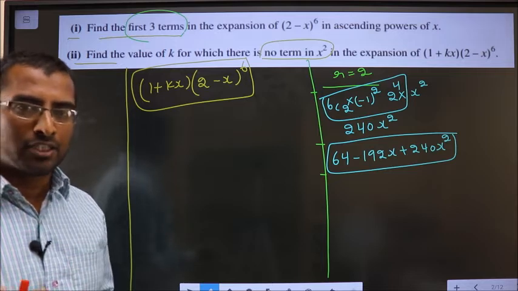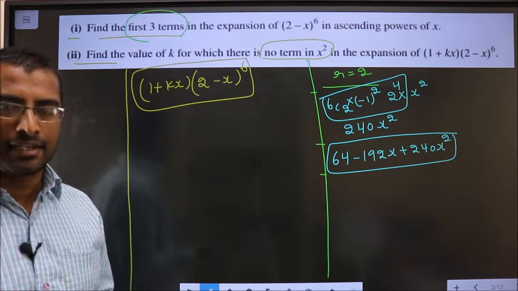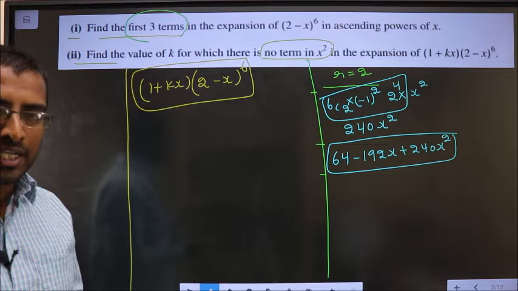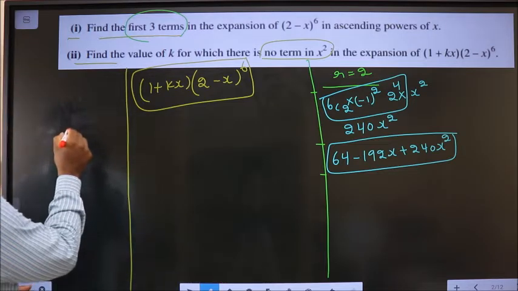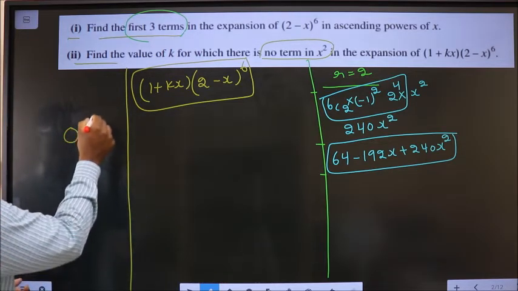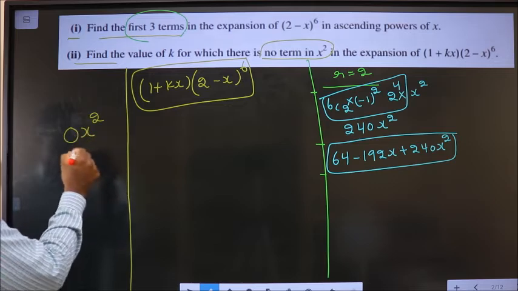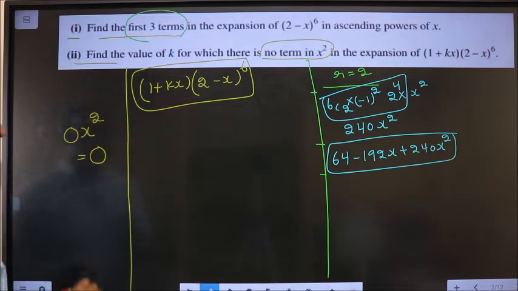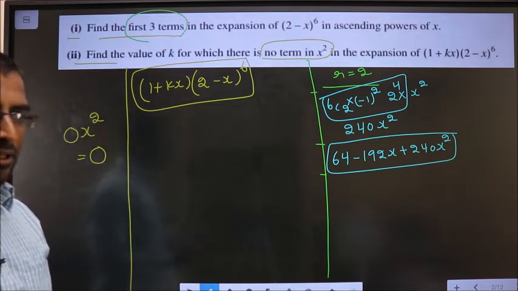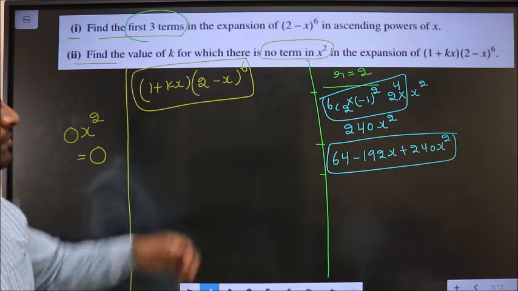And how can I make sure that x square is not present in that expansion? Only one way. If there is 0 before x square, then 0 times x square is 0. In that way I can be sure that the x square term is not present.